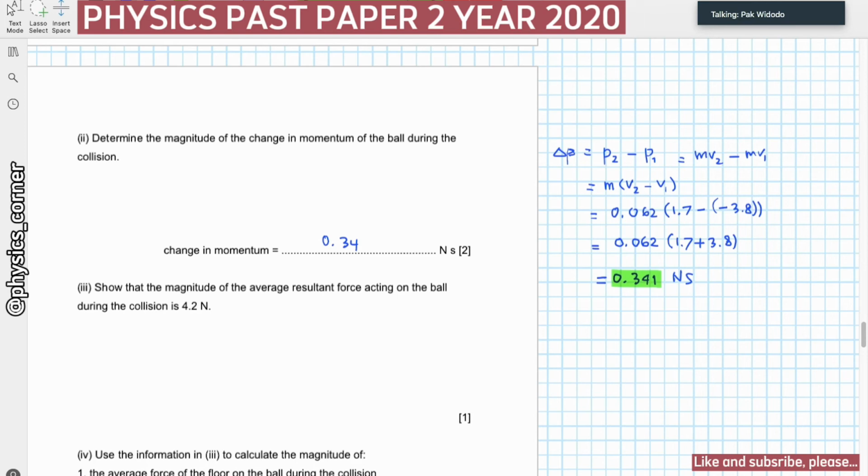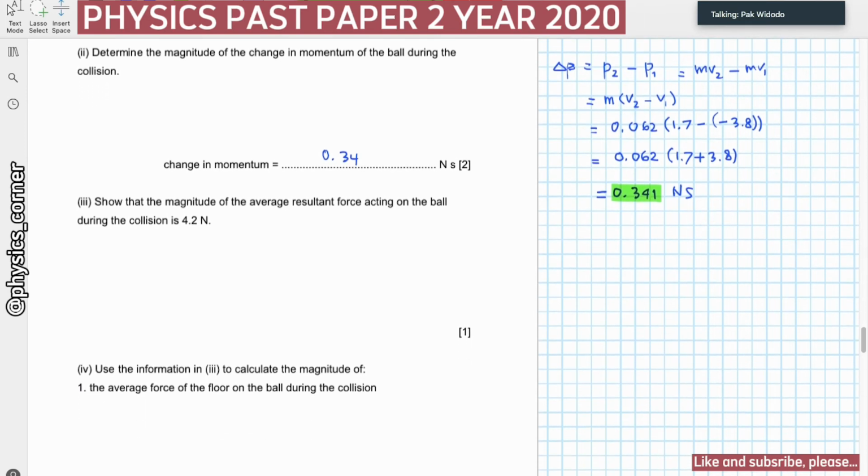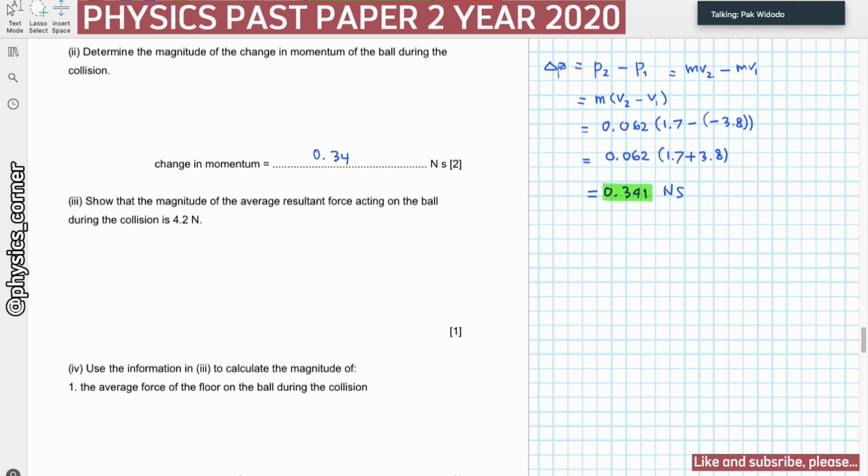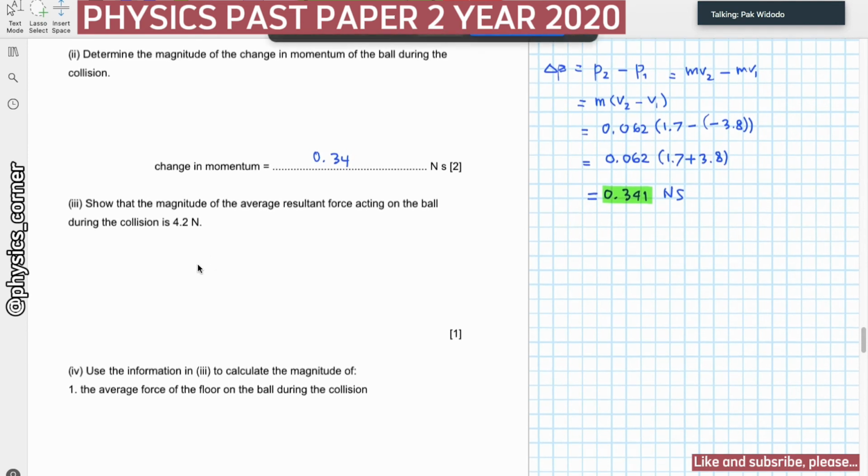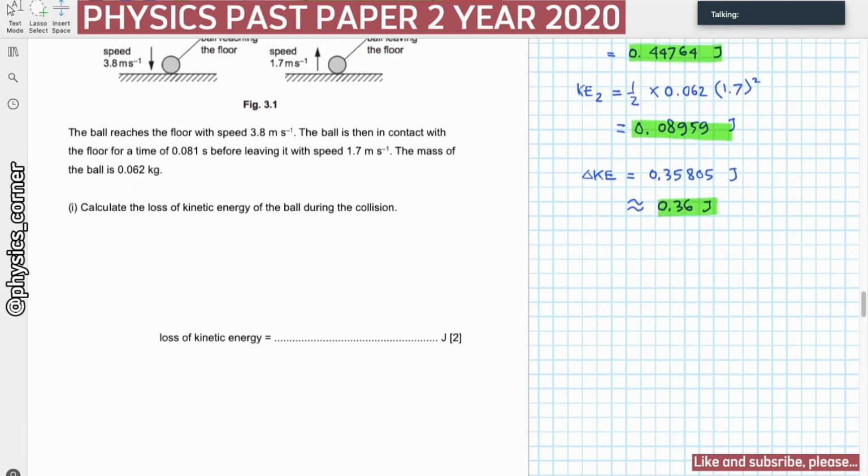The next question: the magnitude of the average resultant force acting on the ball during the collision is 4.2. Okay, we check. The force is delta P over delta T. Delta P is 0.341 and delta T of the collision is 0.081 second.